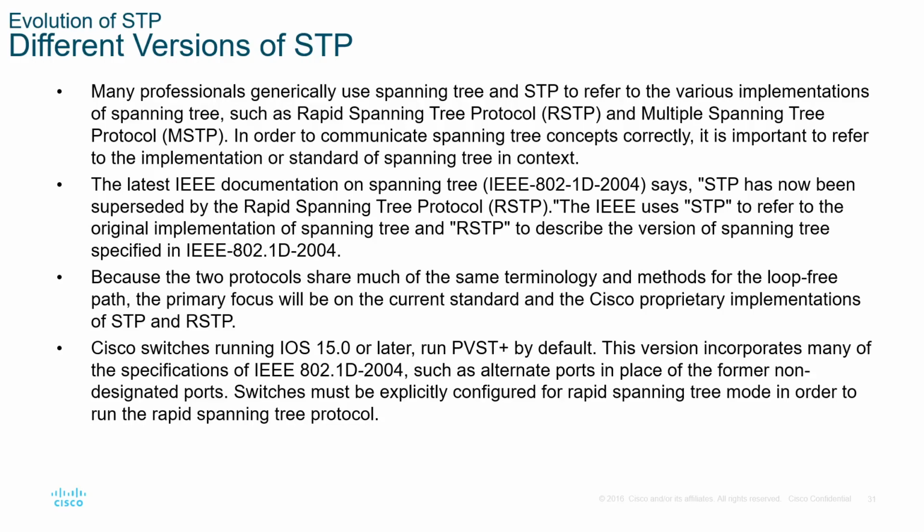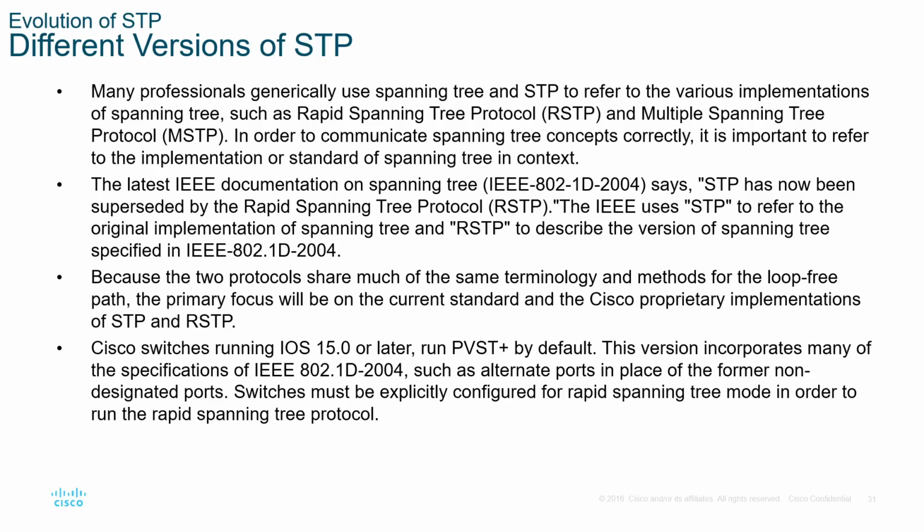Because the two protocols share much of the same terminology and methods for the loop-free path, the primary focus will be on the current standard and the Cisco proprietary implementations of STP and RSTP. For Cisco switches running IOS 15 or later, PVST+ is running by default.